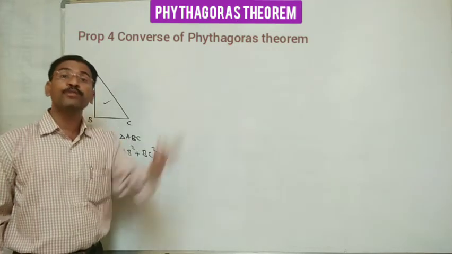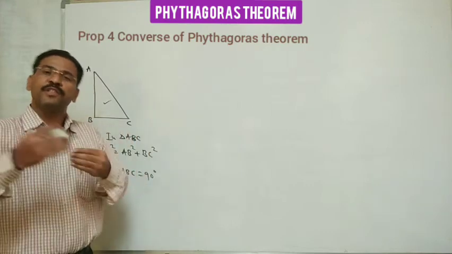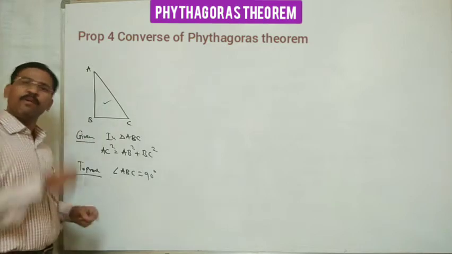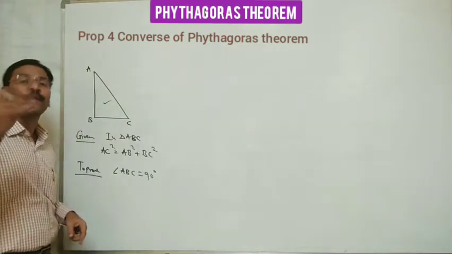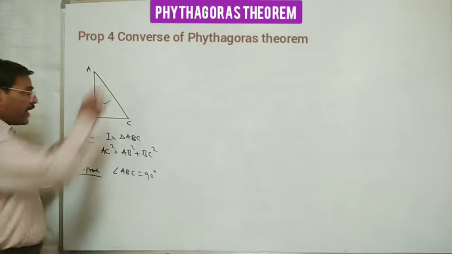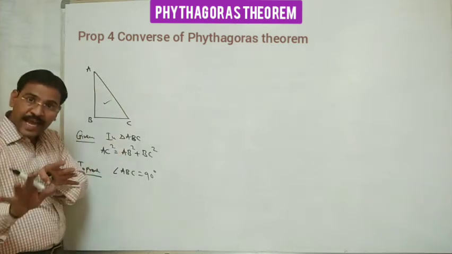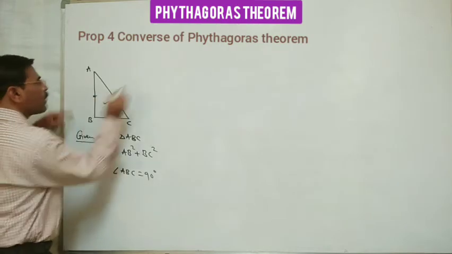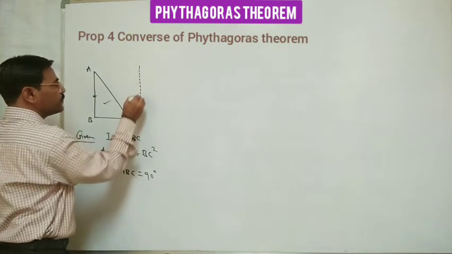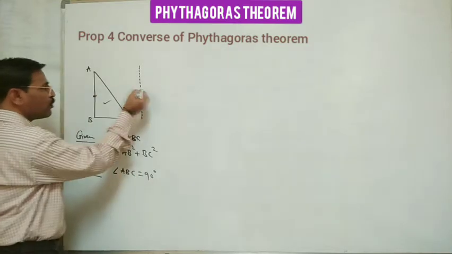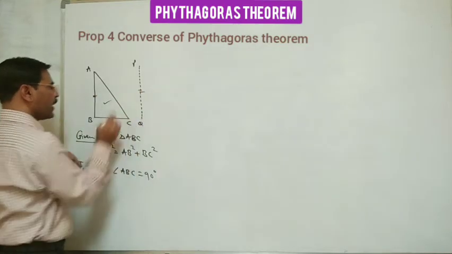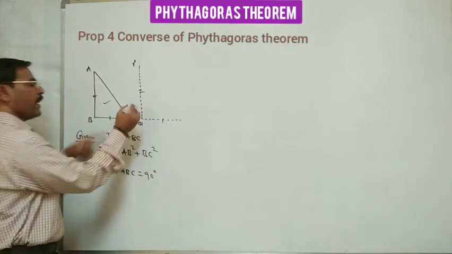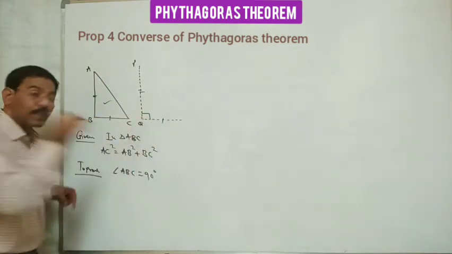But here we are going to make some construction. We are going to draw one more triangle, which I will take as PQR. Draw triangle PQR such that AB equal to PQ, BC equal to QR, and the extra part is that angle Q is 90.